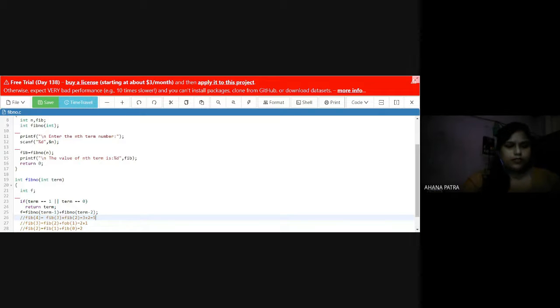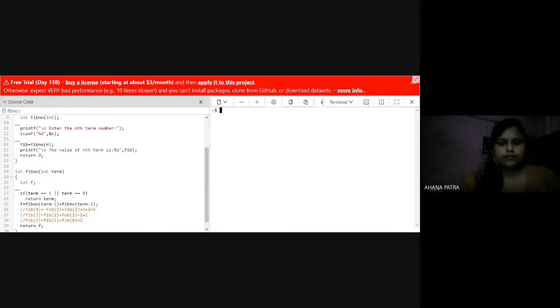So you can see that when we run the program, if the term is 5, the result is also 5.